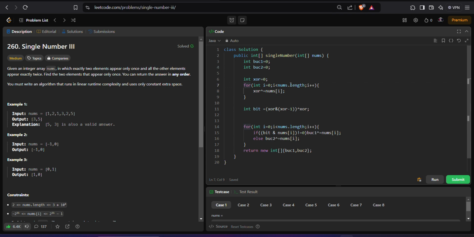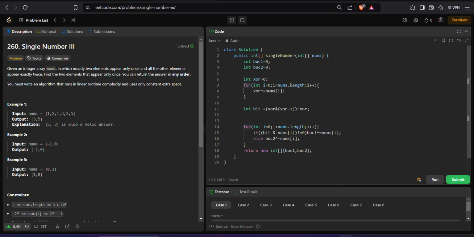There could be more bits that are different, but we are interested in one particular bit, and we will choose the rightmost, least significant bit that is different in those two numbers.